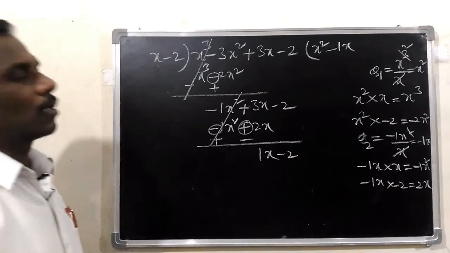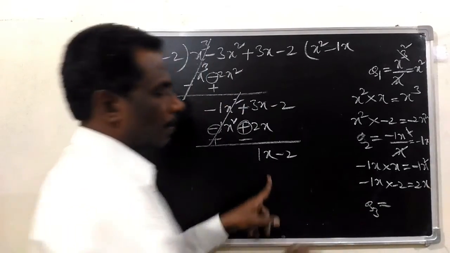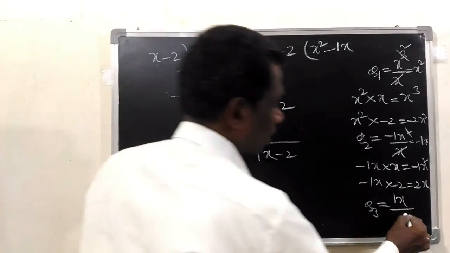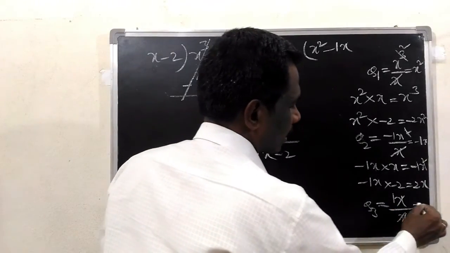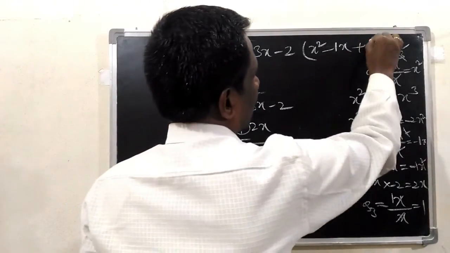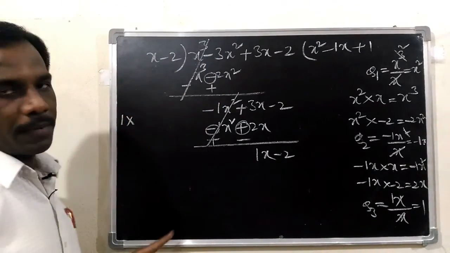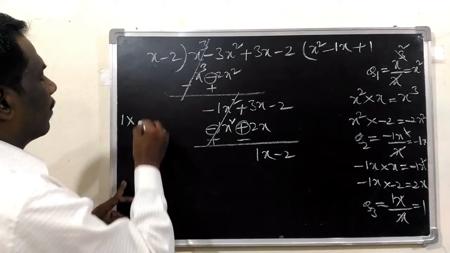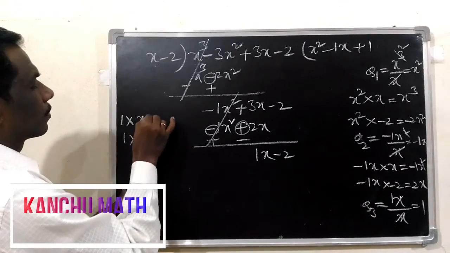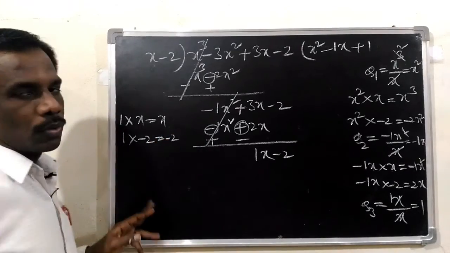Now we find the third quotient. The first term of the dividend is minus 1x, and the first term of the divisor is x. Cancel x, remains 1. 1 is the third quotient, plus 1. Now the third quotient is multiplied with the first term of the divisor and also the second term of the divisor. 1 into x is x and 1 into minus 2 is minus 2.